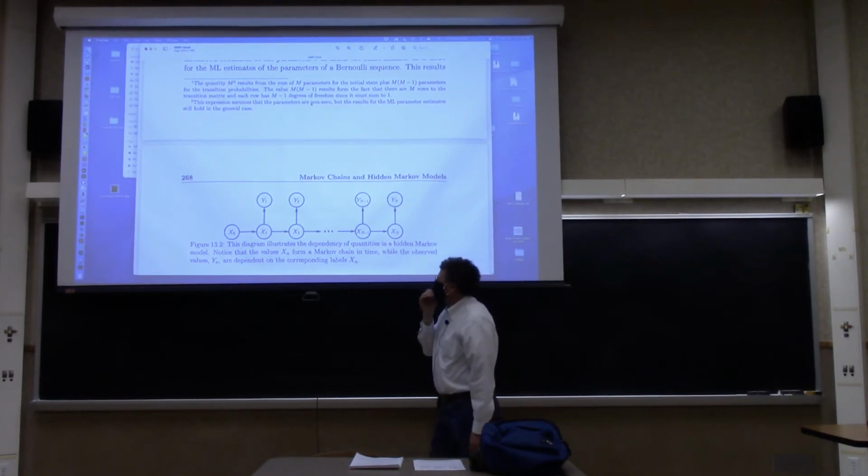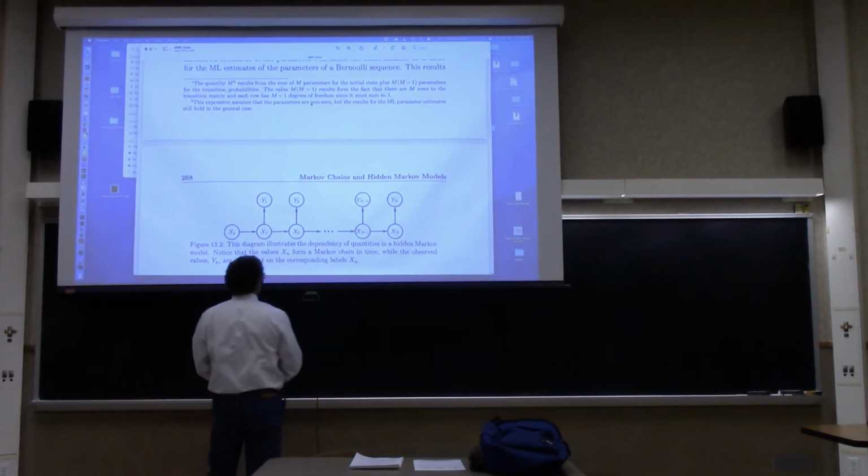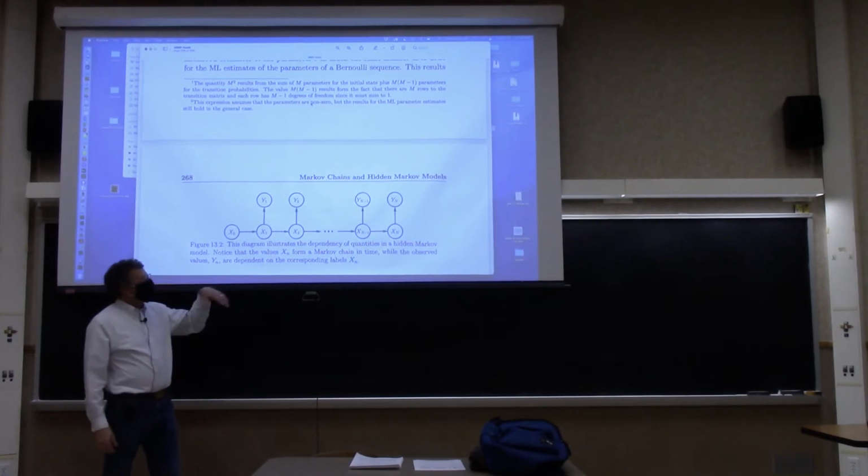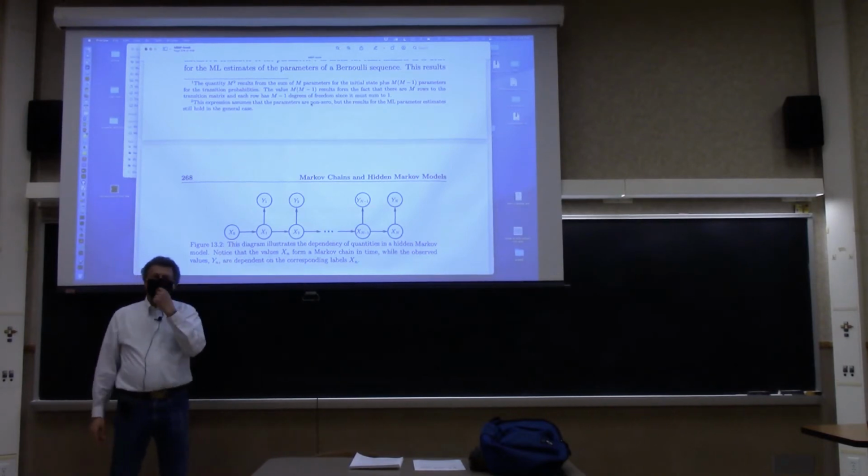Now, this model used to be used for things like speech recognition. It used to be pretty popular. Hidden Markov models have been largely, I'll say, because I don't really know, displaced by deep neural network models, which do similar things.